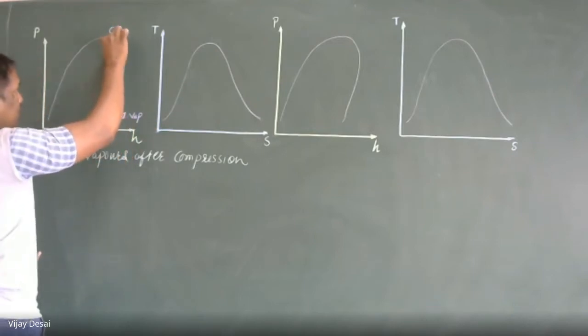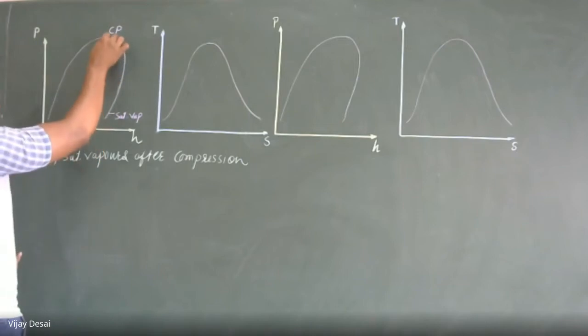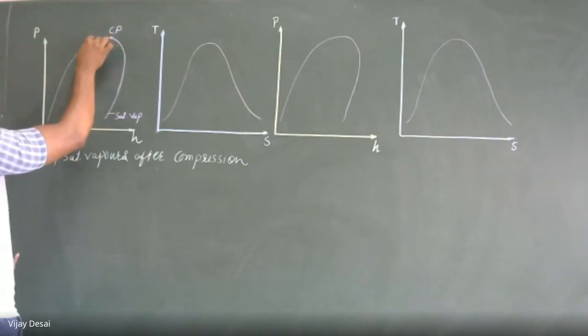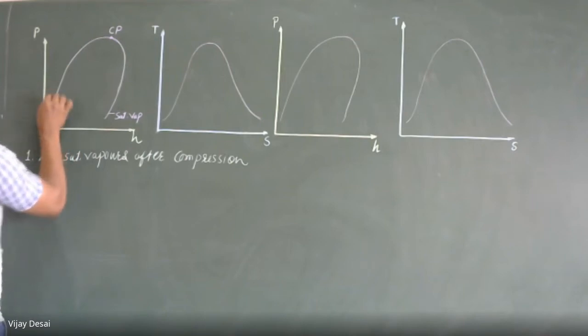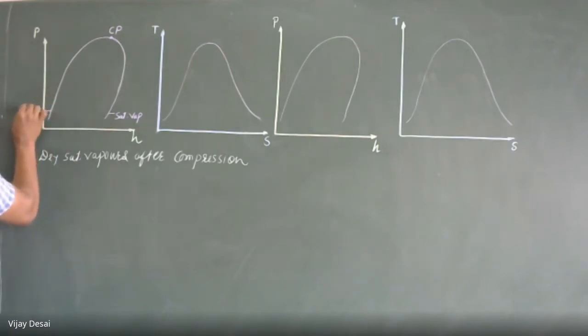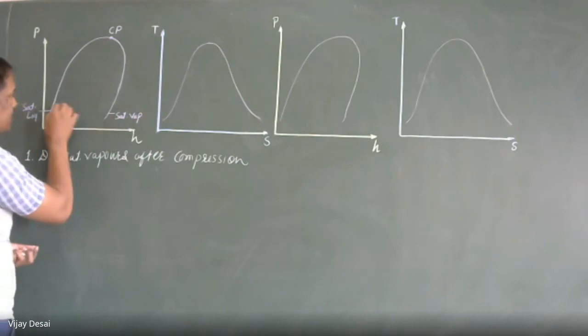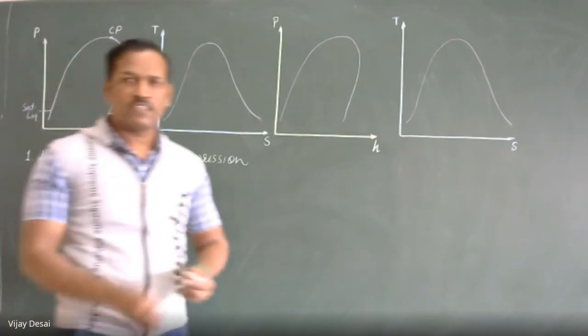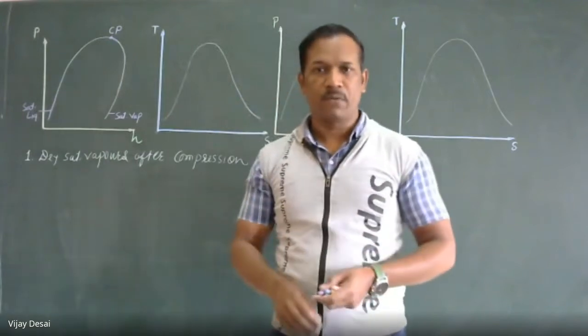So this curve belongs to the saturated vapor line. And on the left hand side of this critical point, it is the saturated liquid line. So this is the saturated liquid line. And whatever be the content inside this dome, inside this curve, it is a wet condition.